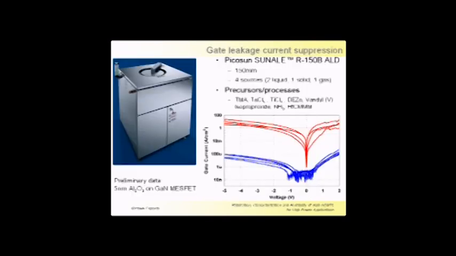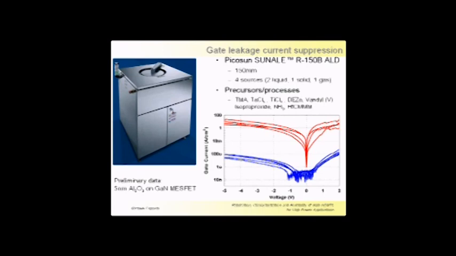For the gate leakage current suppression, we are now trying to introduce in our device an insulator layer using atomic layer deposition of aluminum oxide. This is a very promising technology. Even silicon is looking at this technology. It's very reliable, it's very easy, and it's mostly a CVD deposition method.